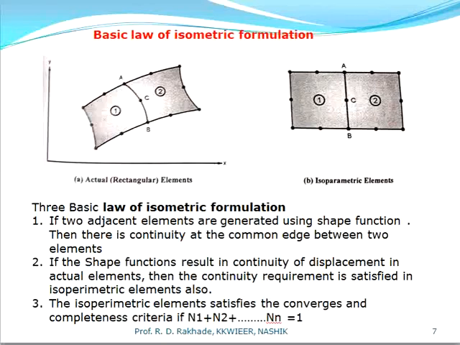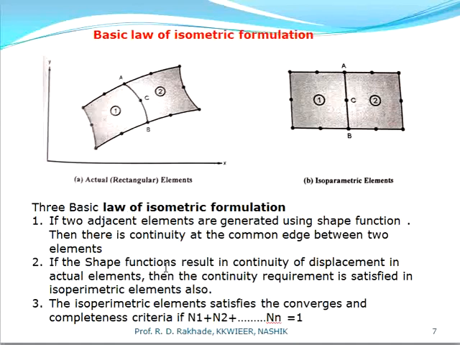Then there are three basic laws of isoparametric formulation when you formulate by using shape function. First, if two adjacent elements are generated using shape function, then there is continuity at the common edge between the two elements. So this C represents the common side for element 1 as well as element 2.